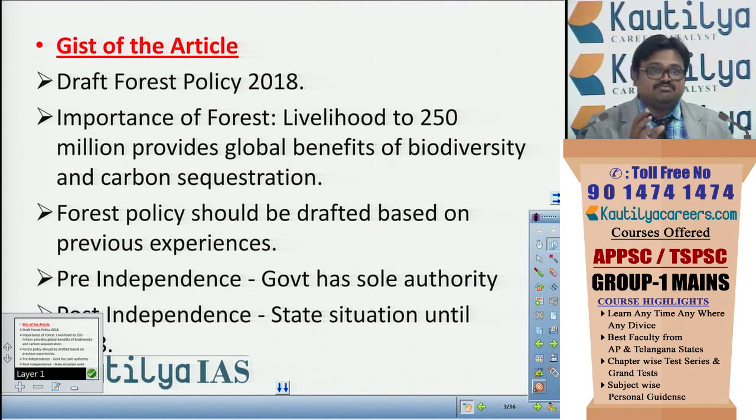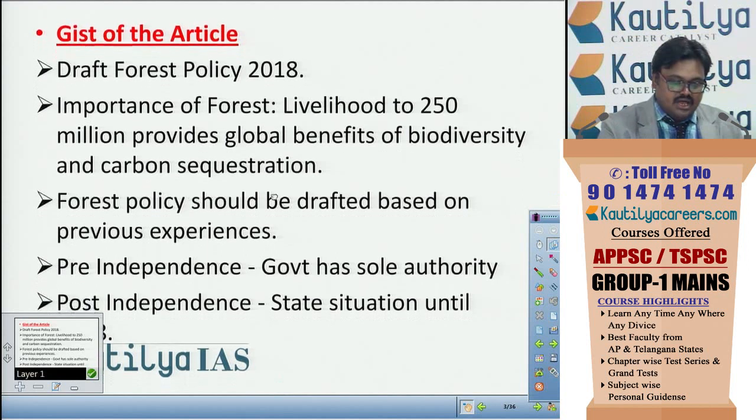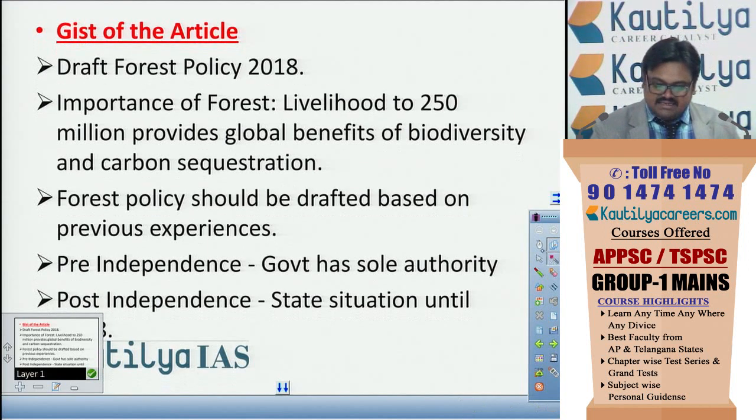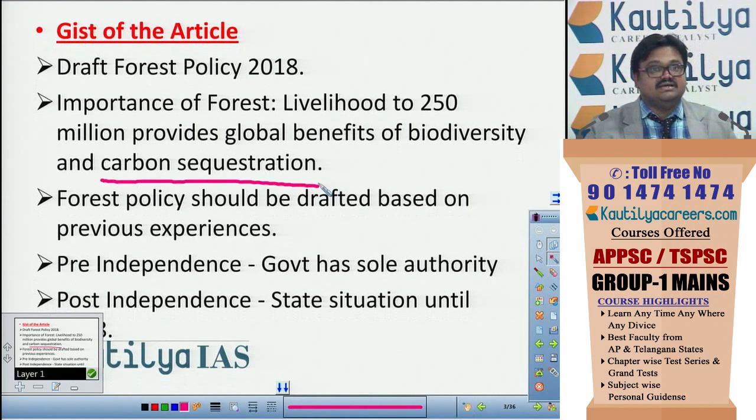And the second most important aspect when it comes to forests is that forests help in carbon sequestration. Now, what is carbon sequestration? Forests act as a sink for carbon dioxide. Trees take in carbon dioxide and use it in photosynthesis. So the forest acts as a very large sink when it comes to carbon dioxide. So these are the two uses of forests.